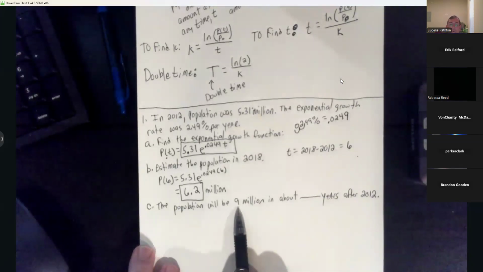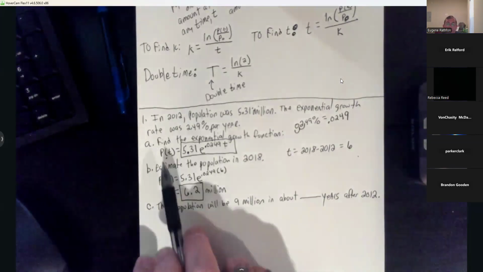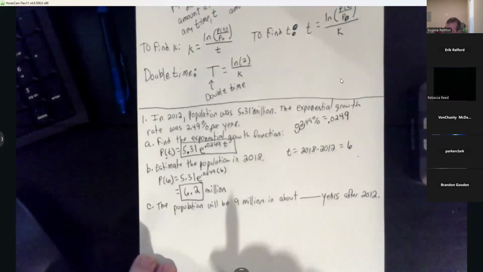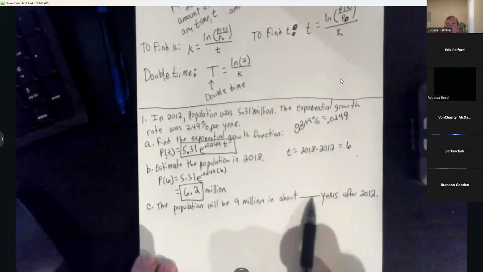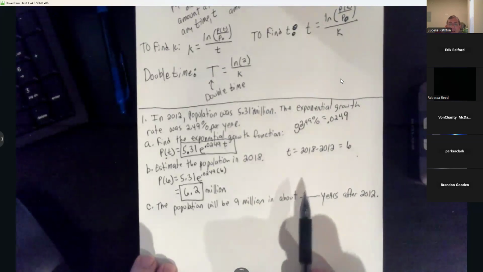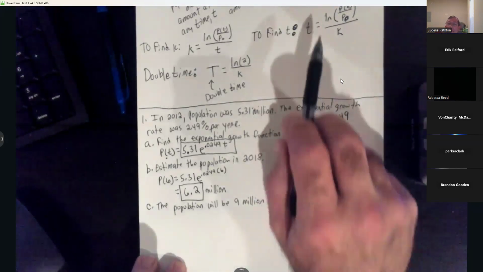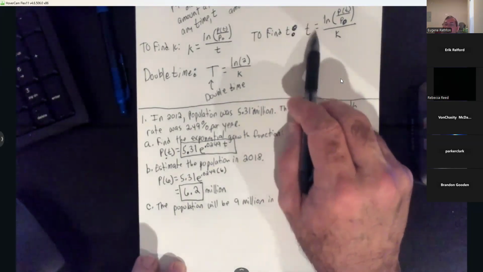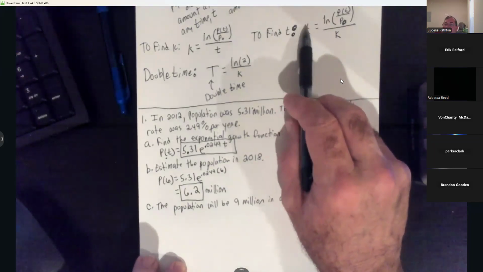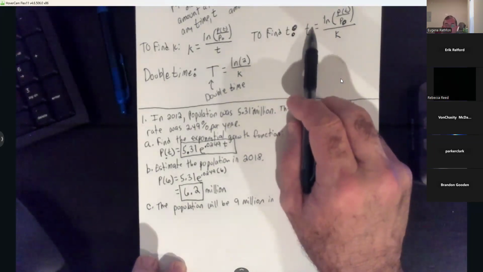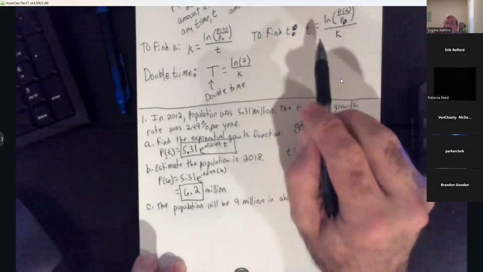So 9 million would be my ending amount, my P amount. What I'm looking for is the years. So y'all, this formula, I'm going to use the one that's solved for time up here. Because this one's already solved for time, and that's what we're looking for on this one.